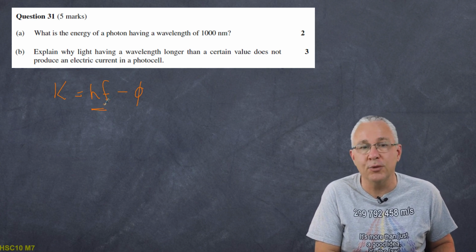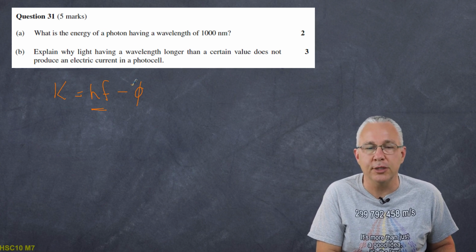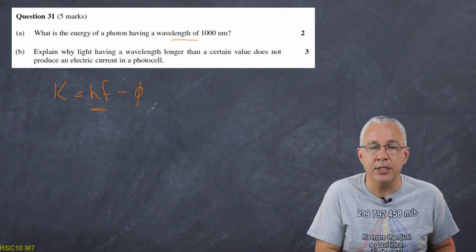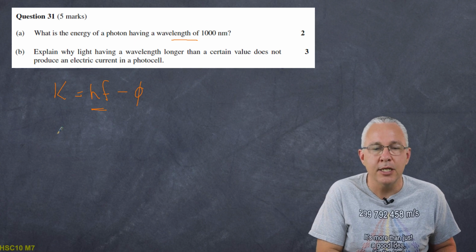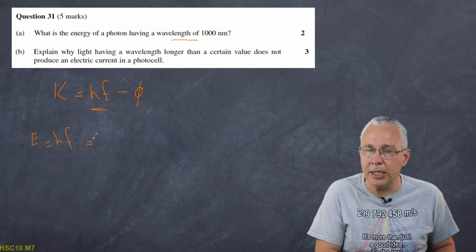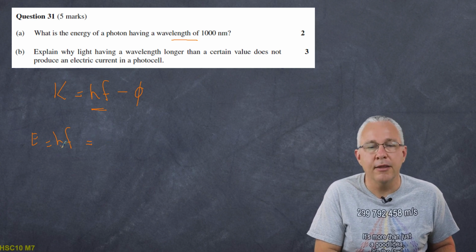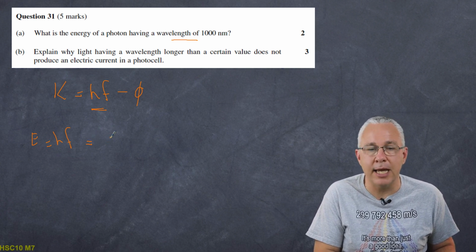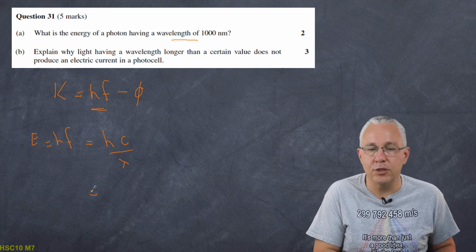Now we're asked for that. What is the energy of the photon? But we're only given the wavelength here. So, okay, we can work this out. The energy we're after, which equals hf, where the frequency is c over lambda. So we have hc over lambda as the way to work this out.